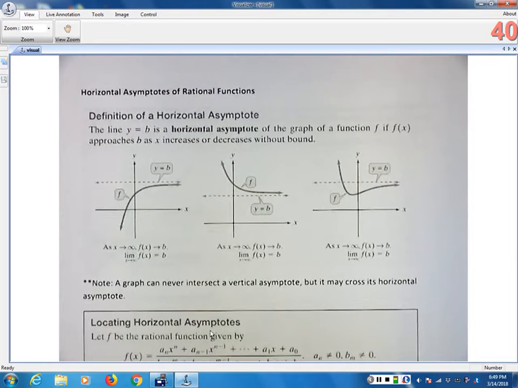So we're going to talk about the definition of a horizontal asymptote next. Let's see. Aha.